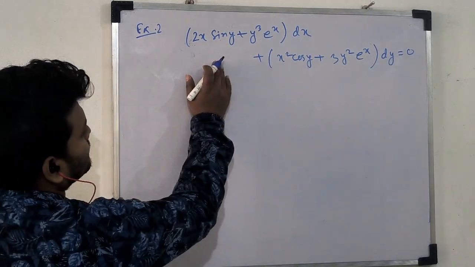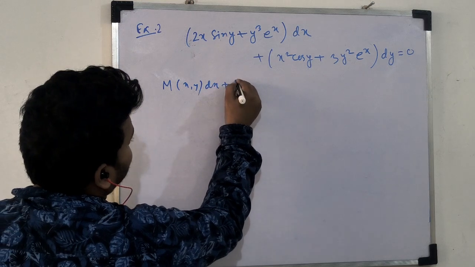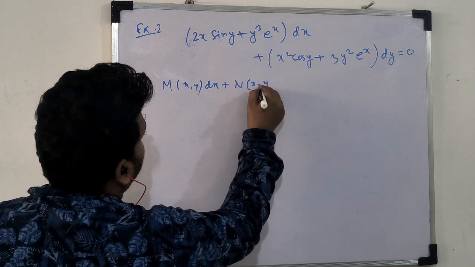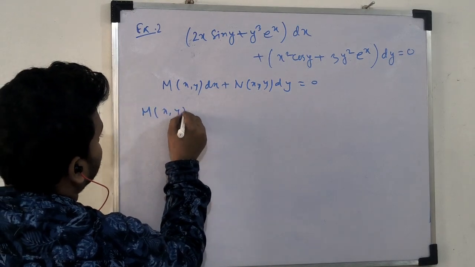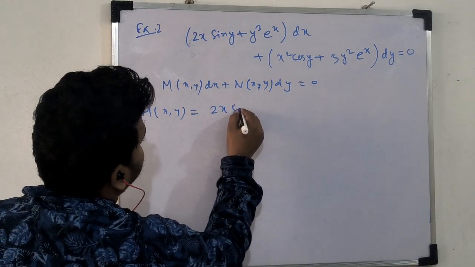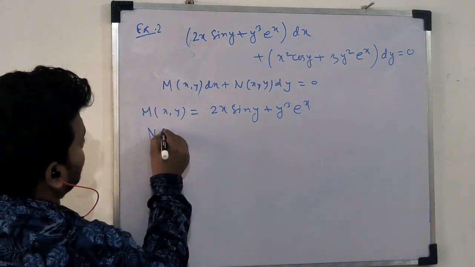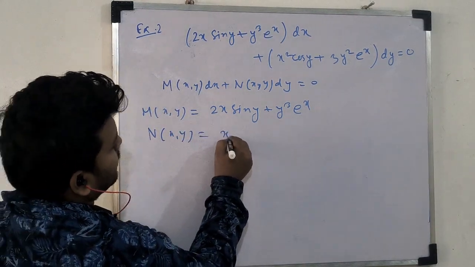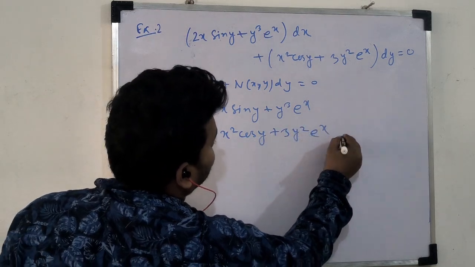If we compare this equation with the form M(x,y) dx plus N(x,y) dy equal to 0, we get M(x,y) equal to 2x sin y plus y cube e to the power x, and N(x,y) will be x square cos y plus 3y square e to the power x.